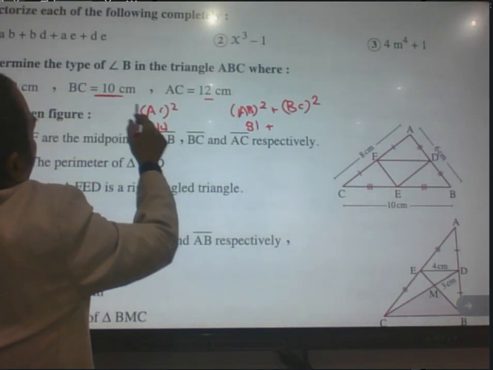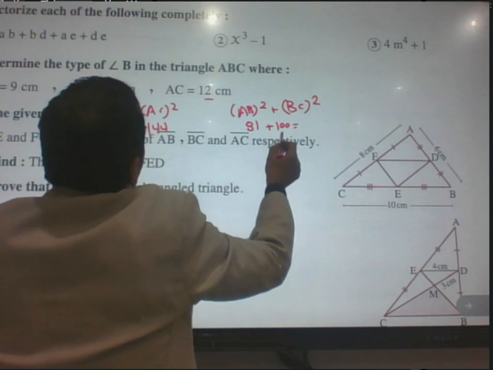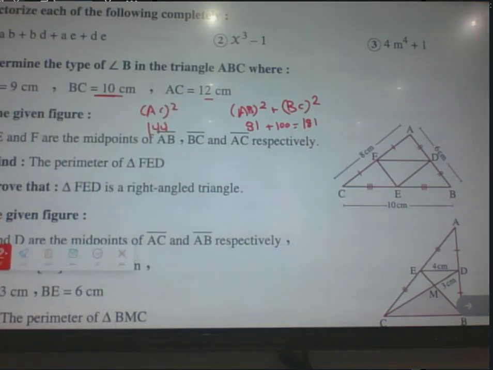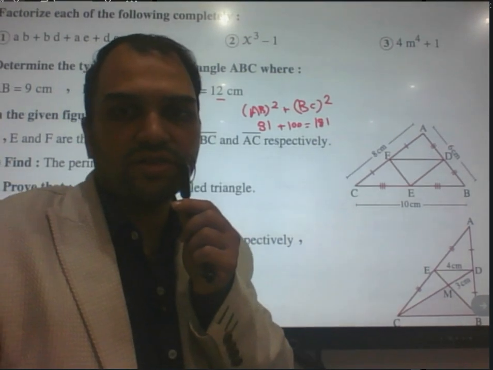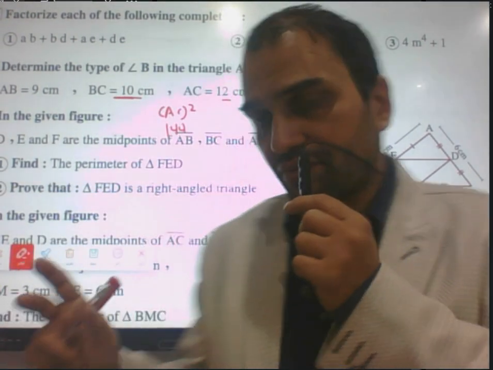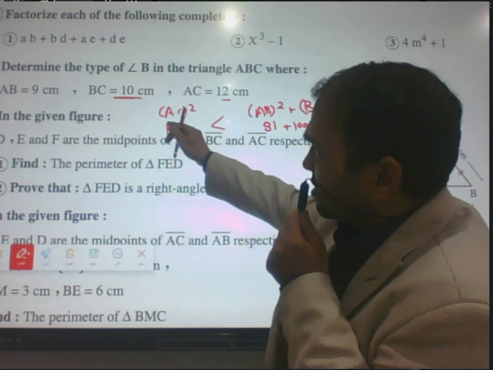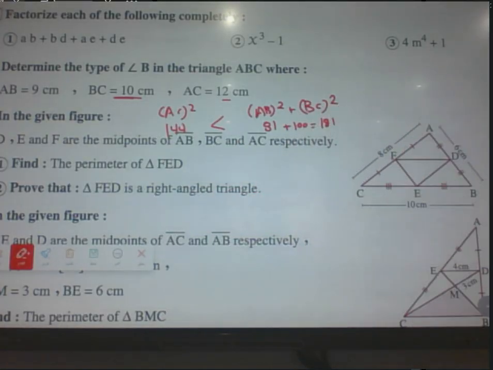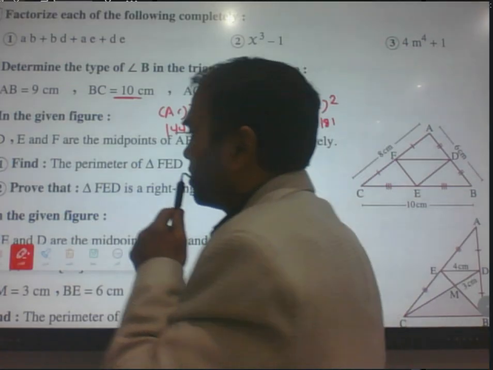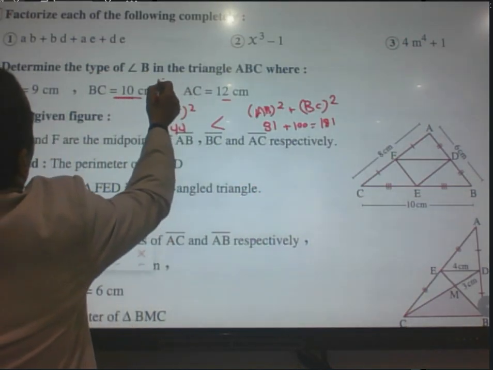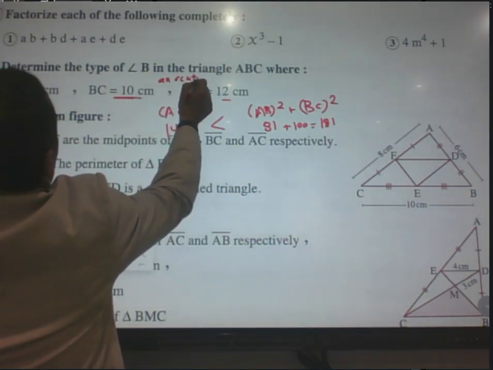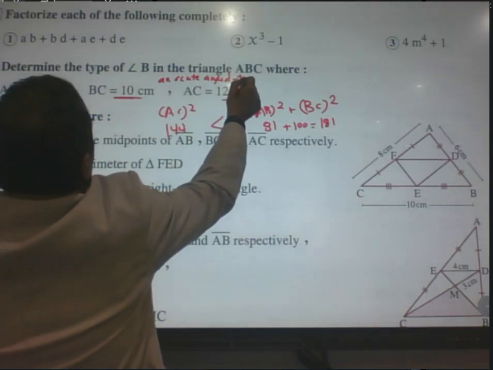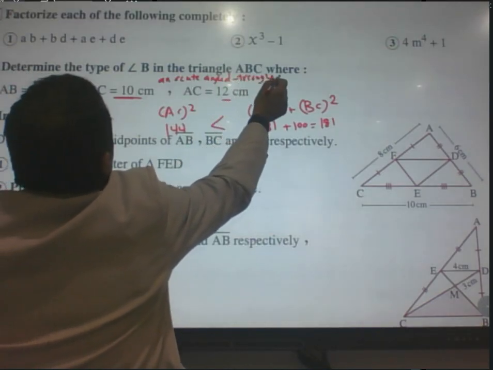BC power 2, BC 10, 10 times 10, 100. Then we can collect, the result will be 181. 181 greater than 144. This number is greater, okay? So the long side squared is less than the addition between the squares here. Then with this triangle, we call it an acute angle triangle. The type of the triangle, we call it an acute angle triangle, okay?